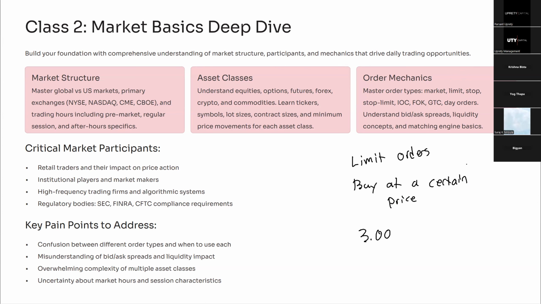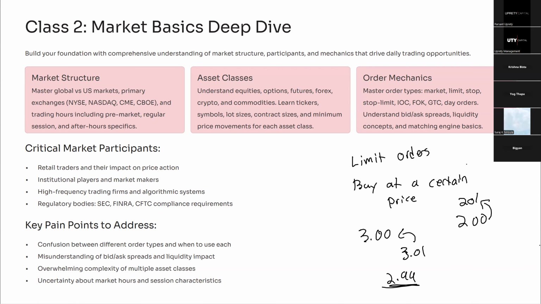I'm not paying any more. So if price hypothetically goes to $3.01, I'm not going to get filled because it's already above. Or if I say fill me in at $2.99, whatever I place this at, if it doesn't hit that point, even if we look at a stock example, if the stock is at 200 and I put a limit for 201, if the stock doesn't hit 201, I will never get into this trade.